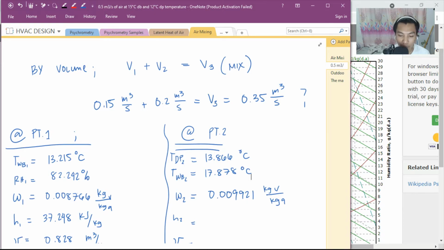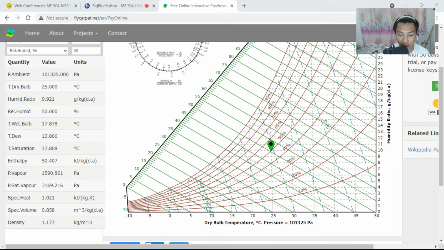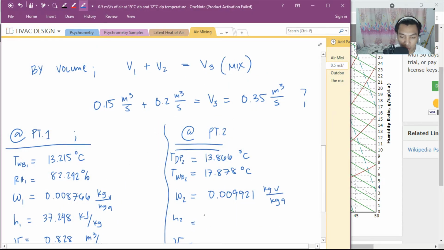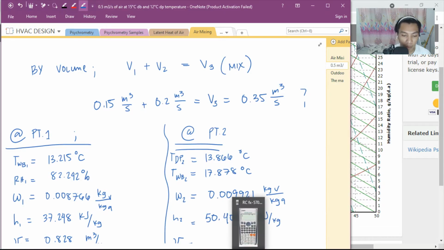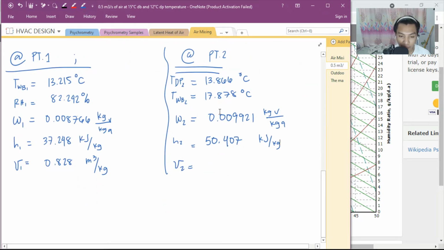H2, enthalpy, 50.407 kilojoule per kilogram dry air. Specific volume, 0.858. Okay na.